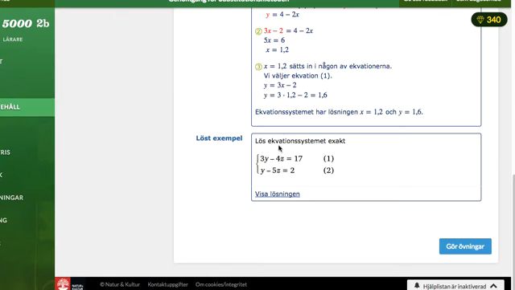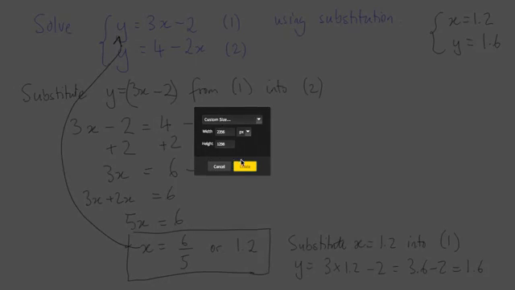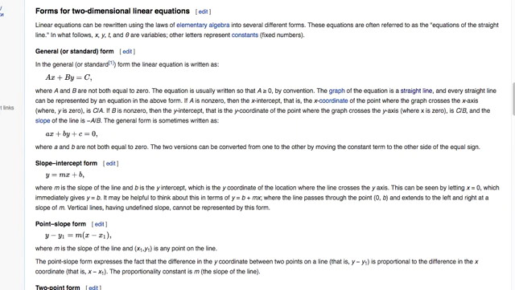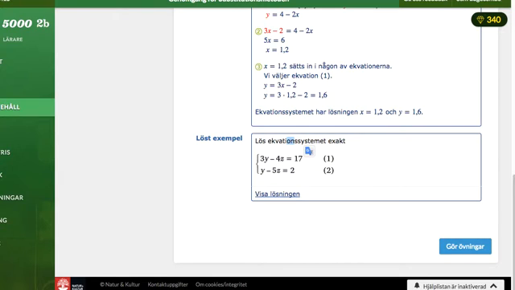Let's try a slightly more difficult equation. Let's take this one here. Solve the system of simultaneous equations 3y minus 4z equals 17, and y minus 5z equals 2.